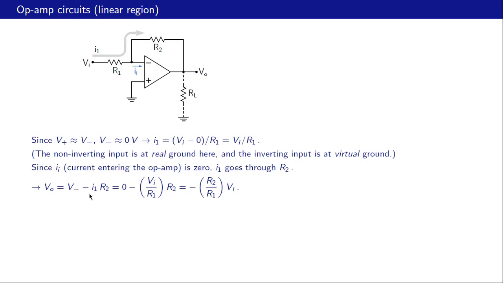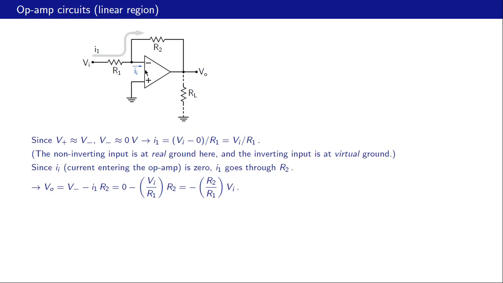And that tells us that VO, this voltage, is V minus this voltage drop. What is that voltage drop? That is I1 times R2. So VO is V minus I1 times R2.